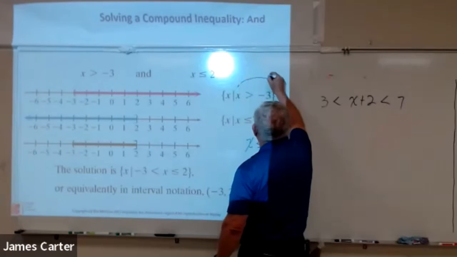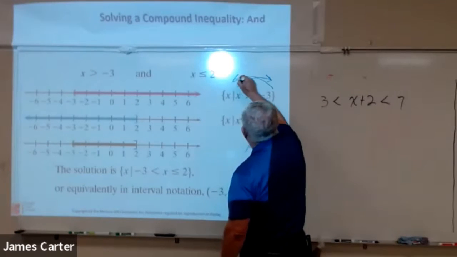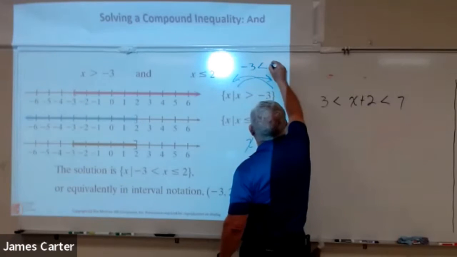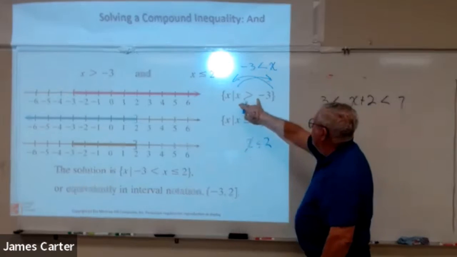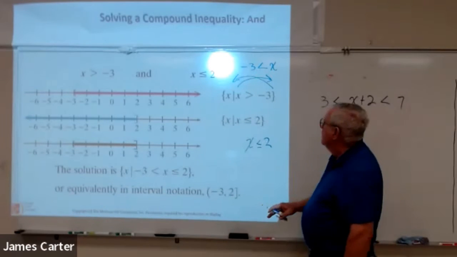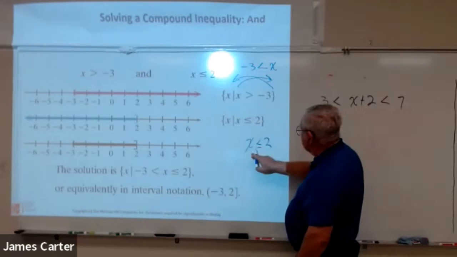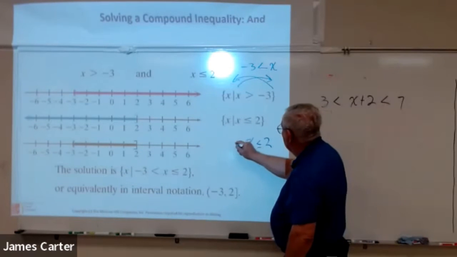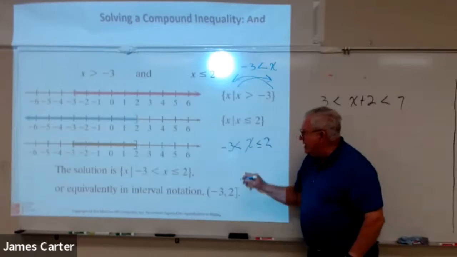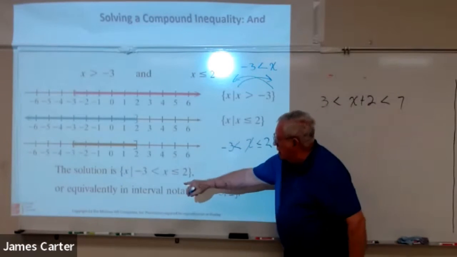So if we flip this, then we're going to have -3 is less than x, because remember, when you use the reflexive property, you also have to flip the symbol. So now here is the same x, here is this symbol, and here is the -3. That's how they got this thing.